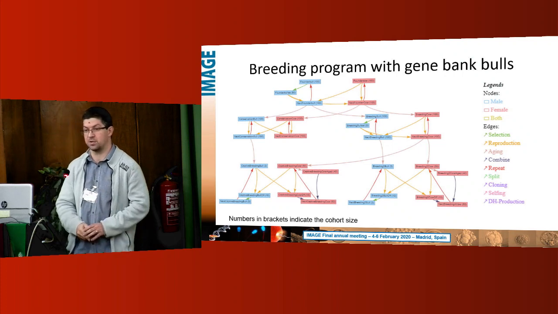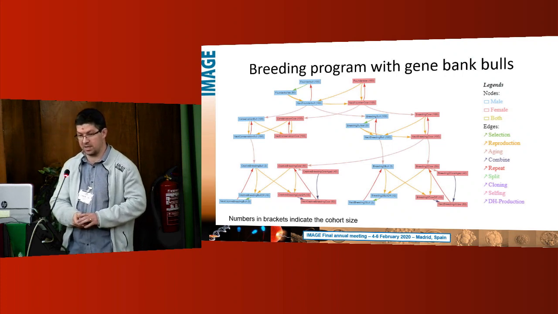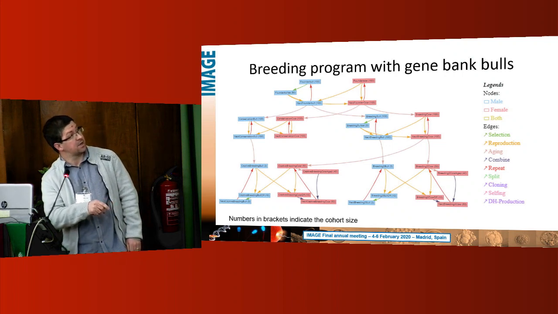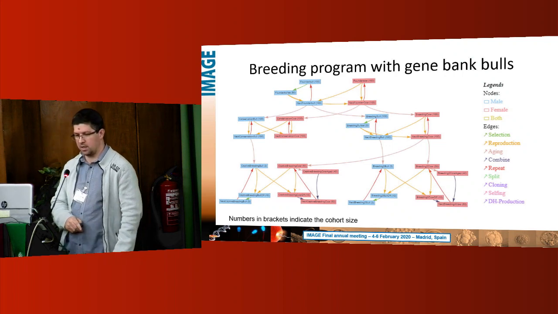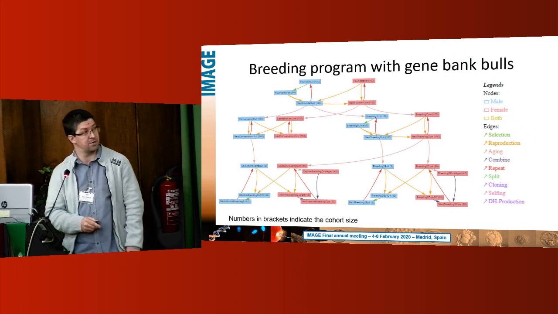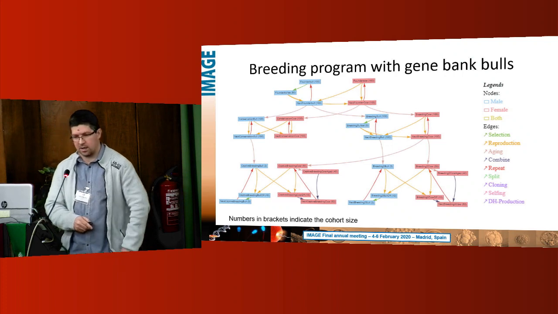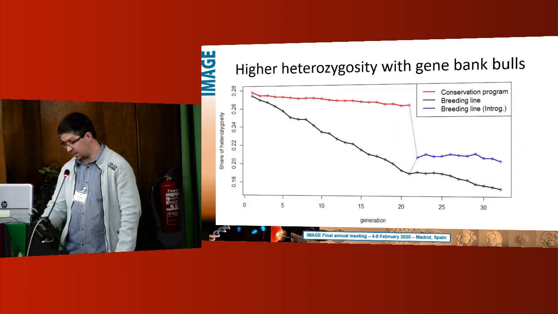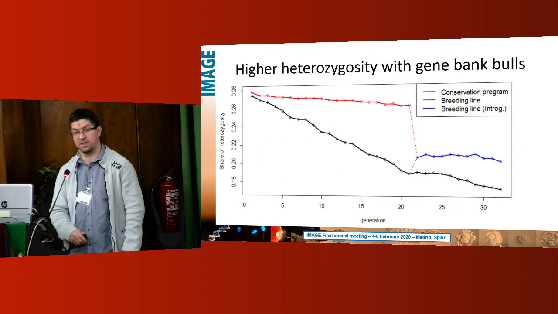The conservation population is mostly for maintaining and keeping high diversity. In the breeding population are the animals that were selected normally for high breeding values. And then what we were looking at are the diversity parameters.